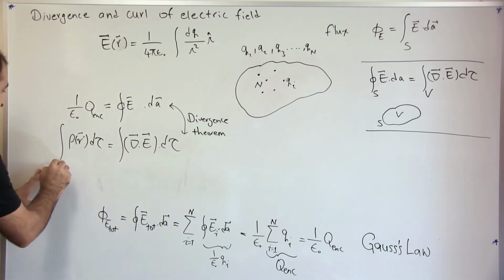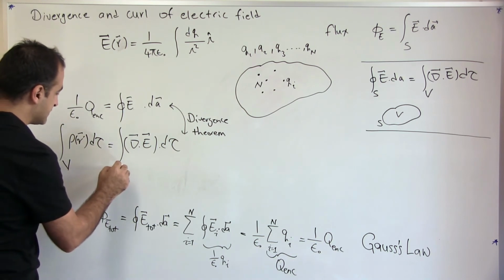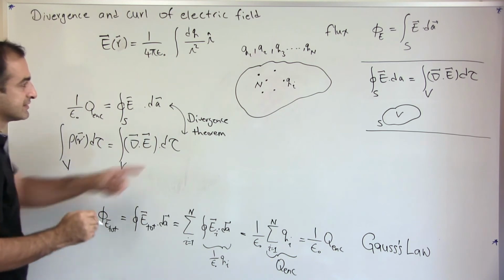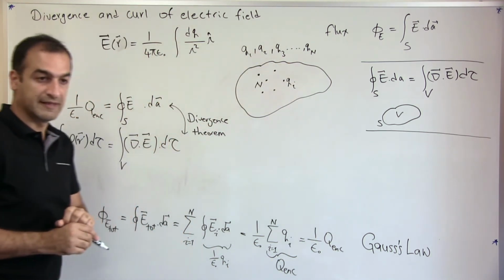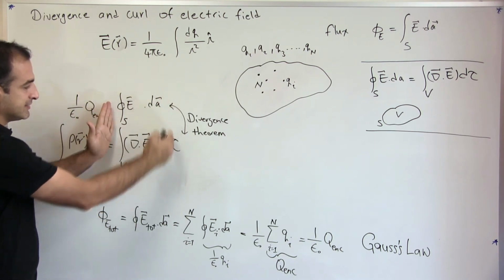This integral runs over the volume, the same volume, while this other integral runs over the surface of this shape. So mathematically, this side of the equation is the same.